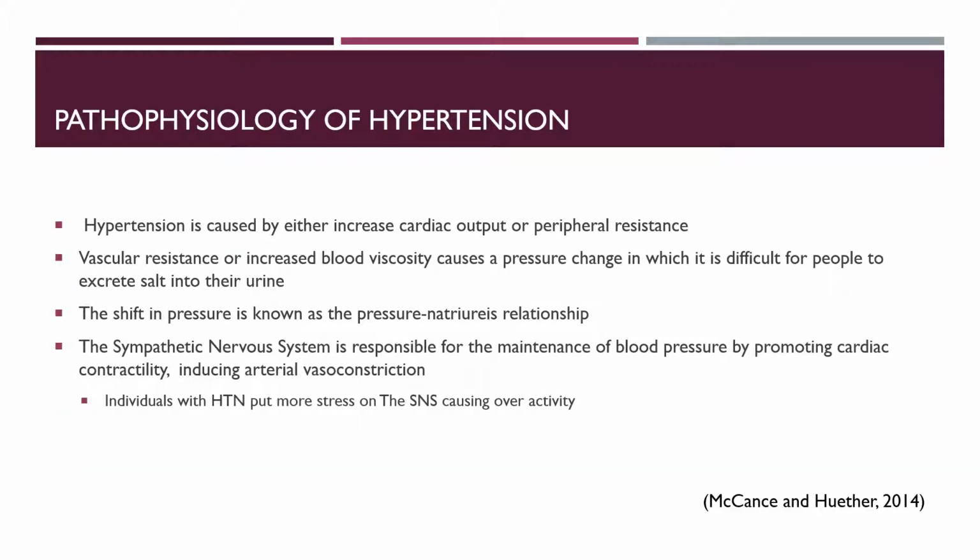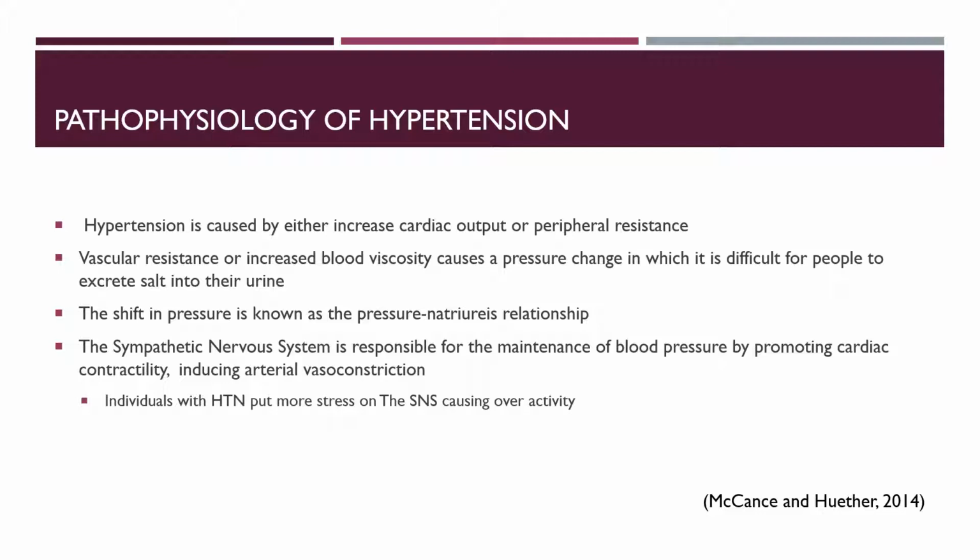So let's talk about the pathophysiology of hypertension. Hypertension is caused by either increased cardiac output or peripheral resistance. Vascular resistance, or the increased blood viscosity, causes a pressure change in which it is difficult for people to excrete salt back into their urine.